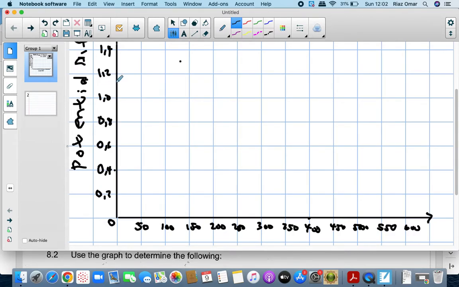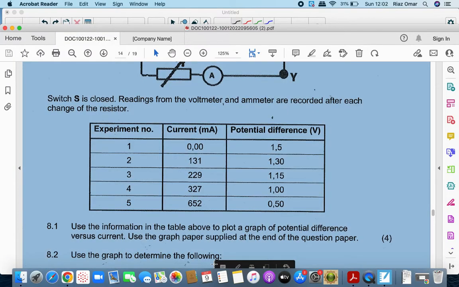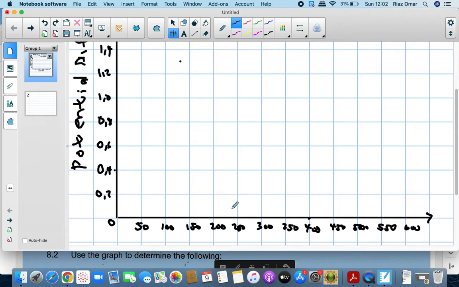And that will be 1,15 and 2,29, between 200 and 250, 225. 2,29 will be here, and it will be 1,15 around there, more or less.